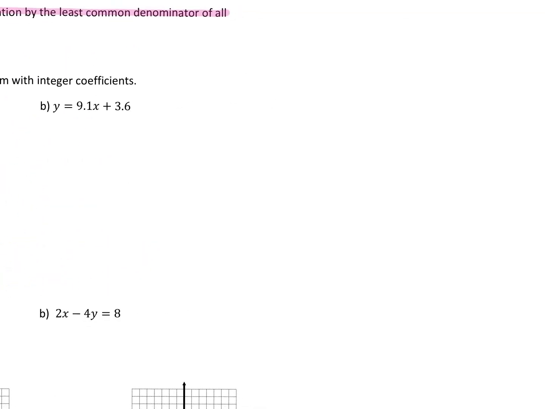Okay, so we're not going to solve this one, but what if I had y equals negative 3/2 x plus 4? What would you multiply everything by? 2, right? What if I had y equals 1/5 x minus, what about this?